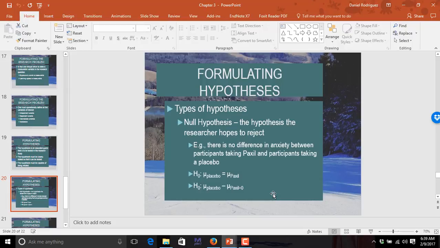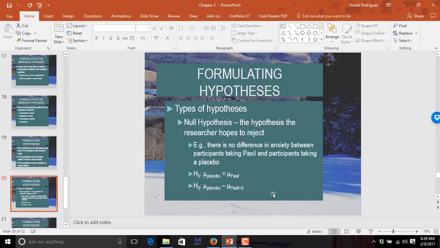So the Greek letters represent population values versus Latin letters. Like if I wanted to use Latin letters, I'd have an X with a bar over it. The reason we're using these Greek letters is because we're talking about the population. So our assumption here is that when we're doing this test, everybody comes from the same population in the null hypothesis. So what does that mean?